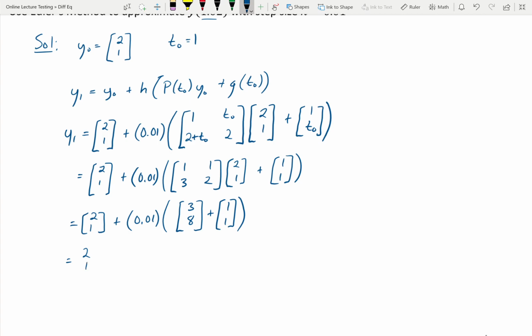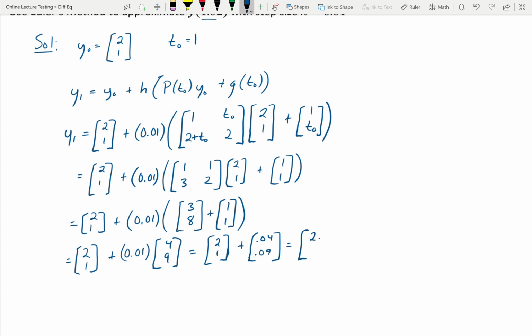So we get 2, 1 plus 0.01 times 4, 9, which gives us 2, 1 plus 0.04 and 0.09. So therefore, y1 is equal to 2.04 and 1.09.